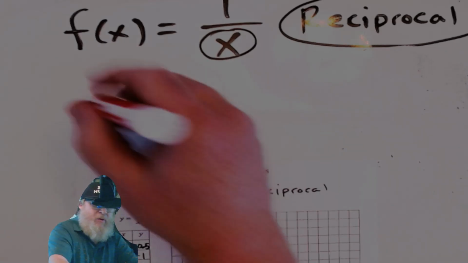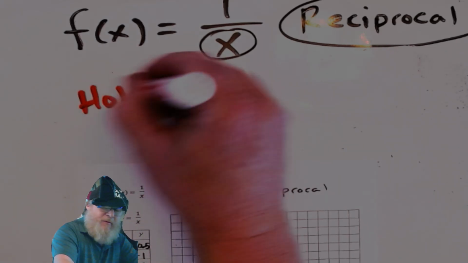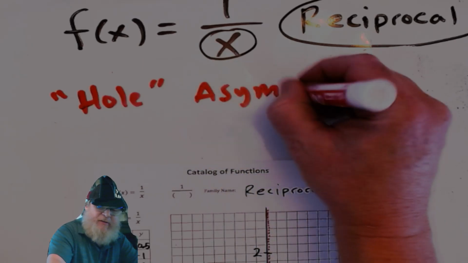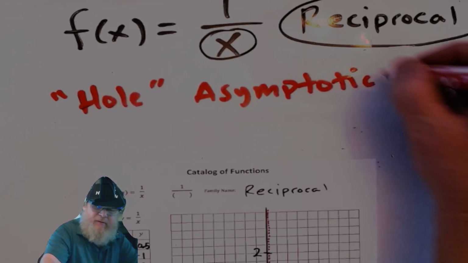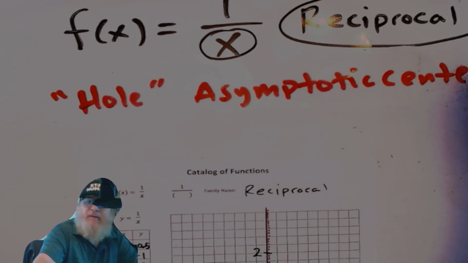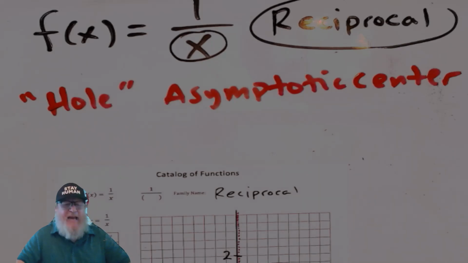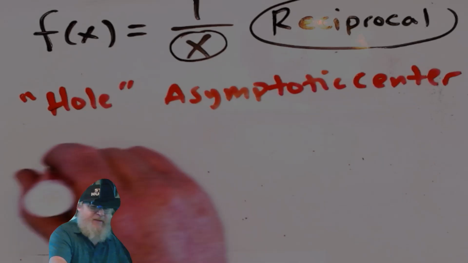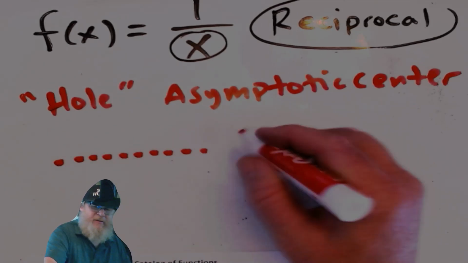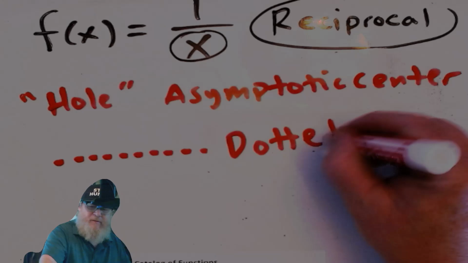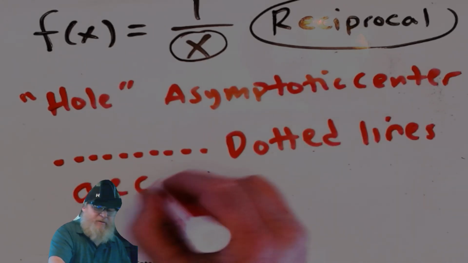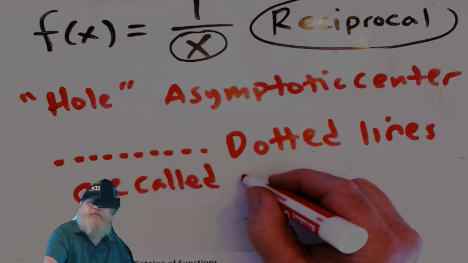And the hole is what's called the asymptotic center. It's the center of these asymptotes. All right, and the dotted lines are called asymptotes.